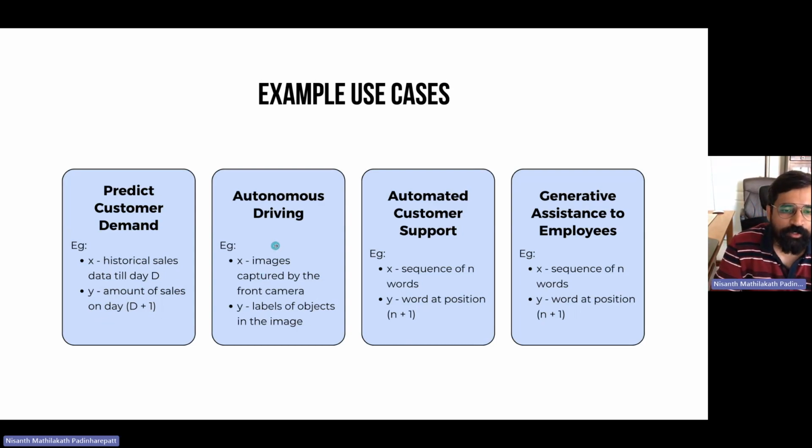This customer demand sales data is just one example, or it could be in power distribution, in electricity billing. Some regions have apps that tell you what your bill is going to be next month based on your previous usage.